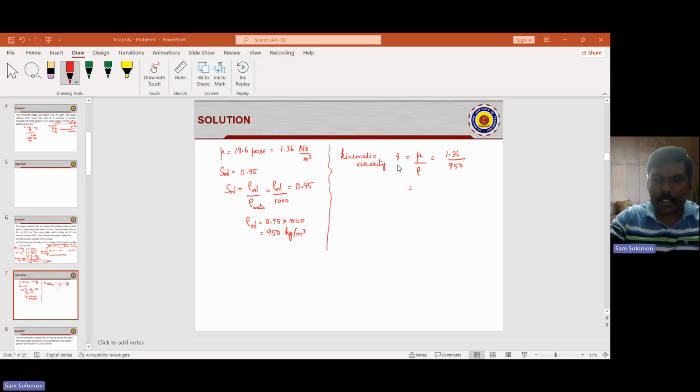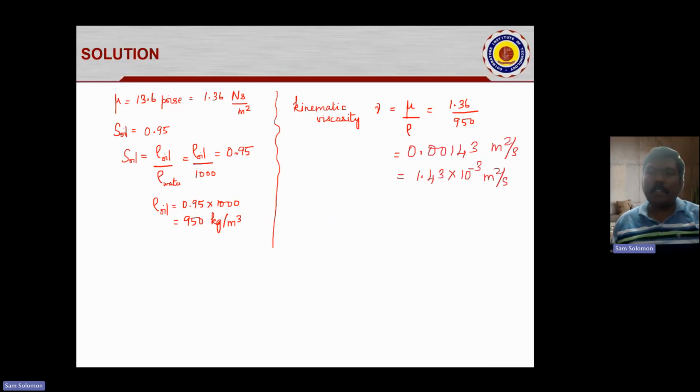So 1.36 divided by 950 is 0.00143 meters squared per second, or I could write this as 1.43 into 10 to the power minus 3 meters squared per second. Okay, so that brings us this solution for the kinematic viscosity. So the subdivision A and B both are answered right now.